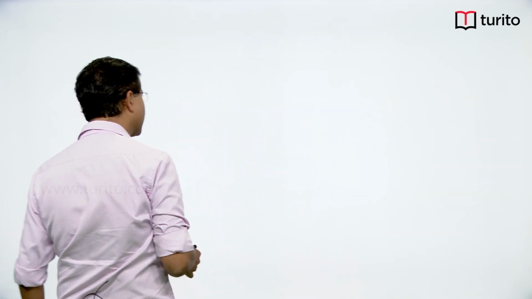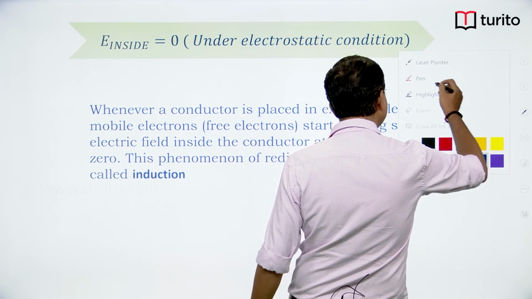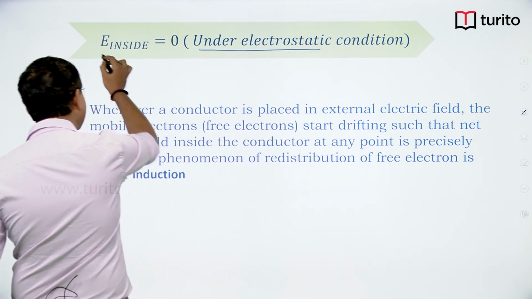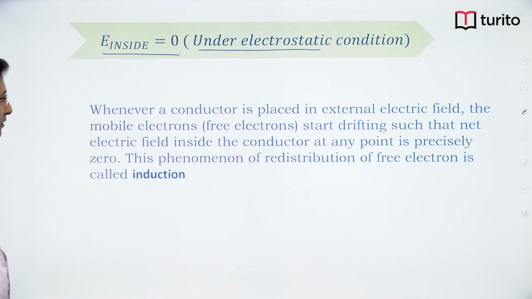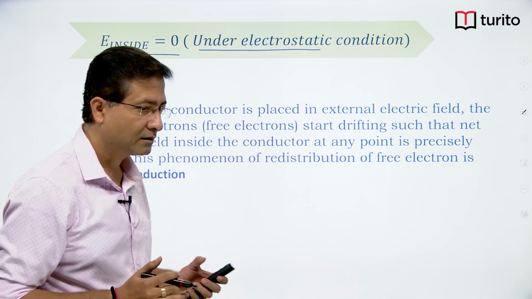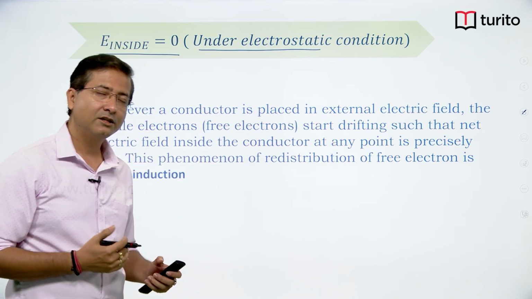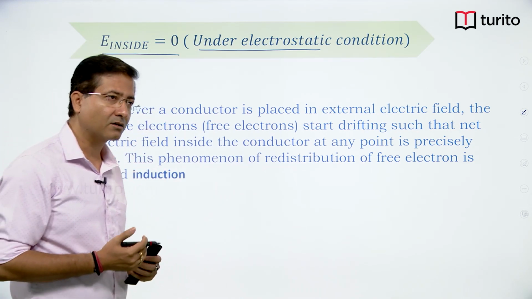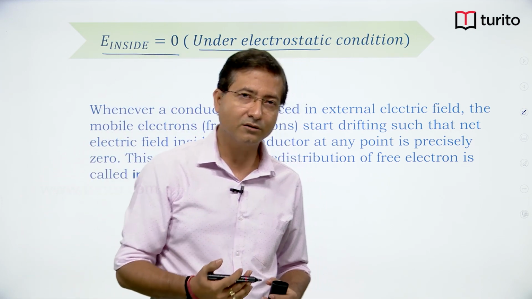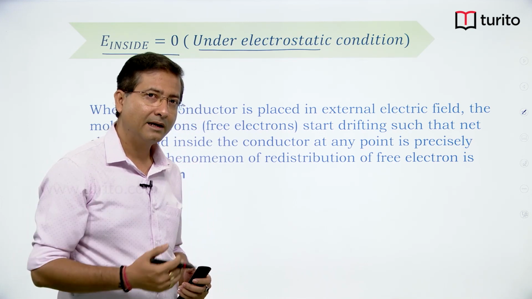So, under electrostatic condition net field has to be 0, right. When you subject a conductor to an external electric field, there will be drifting of free electrons inside, and that drifting takes place in such a way that it tries to cancel out the field produced by the external agency.